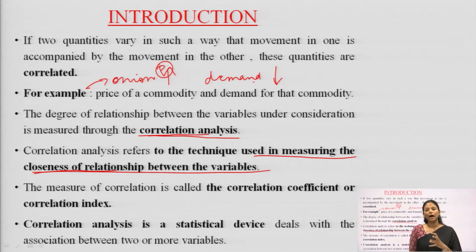That means, how much they are affecting each other, what is the level of the effect, what is the level of closeness between these two variables. The measure of the correlation is called the correlation coefficient or correlation index. Correlation analysis is a statistical device which deals with the association between two or more variables.